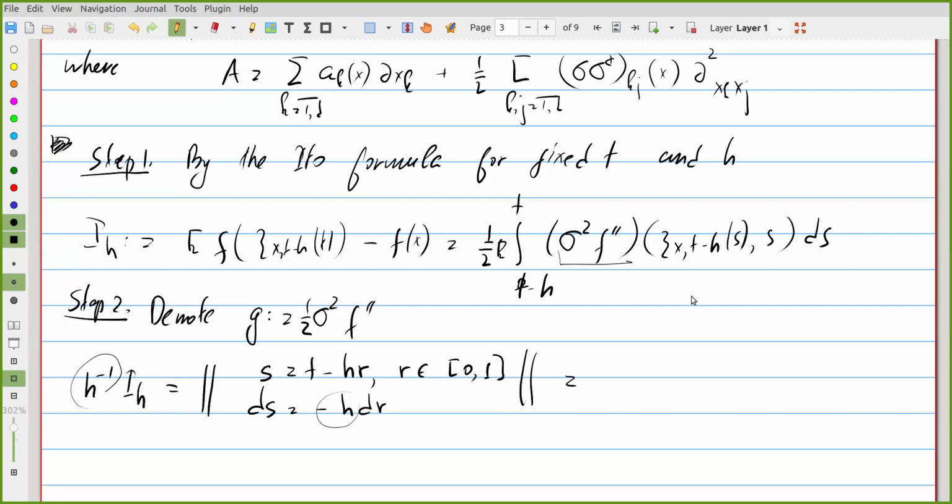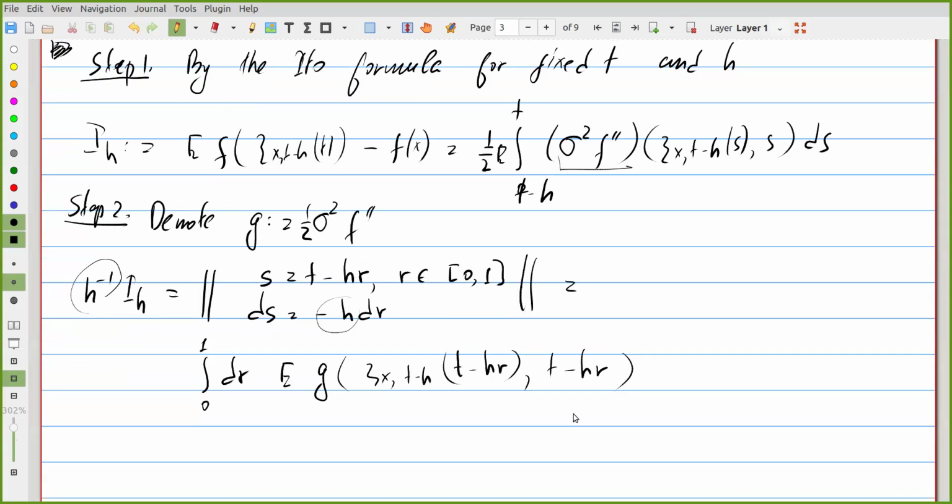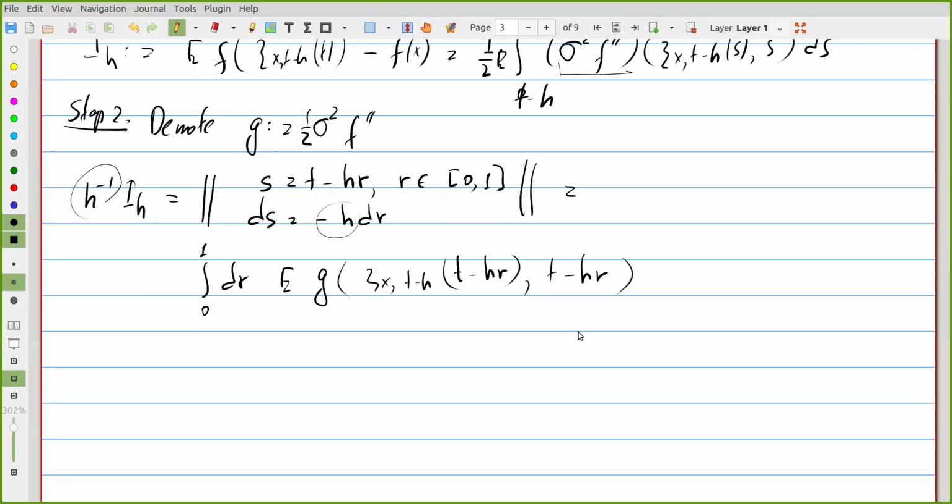So this h will be eaten by our time change, and using Fubini to push the expectation inside, we can get the integral from 0 to 1 dr of the mathematical expectation of g of psi x t minus h, t minus h r. And that's effectively all. I don't think I need to push the expectation here.